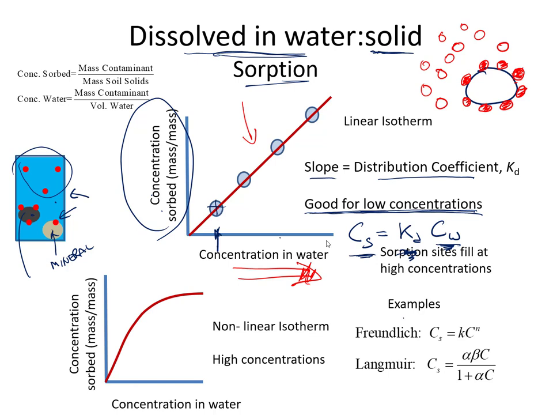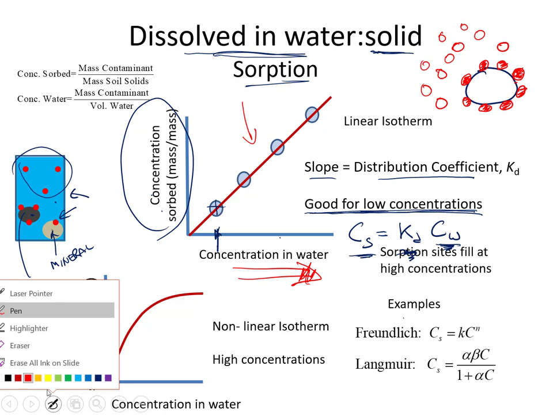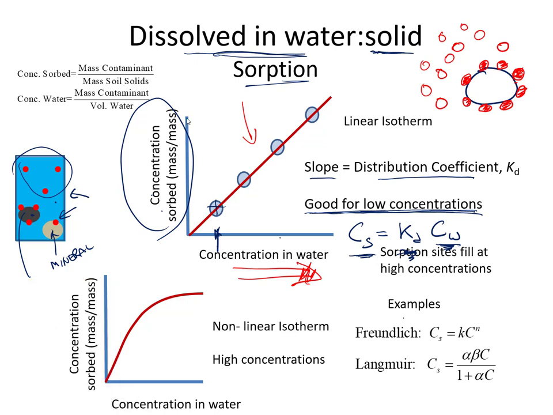there are several other isotherms, and I guess I should point out that this plot here that I'm showing, concentration of the solids to concentration of water, is called in general an isotherm.